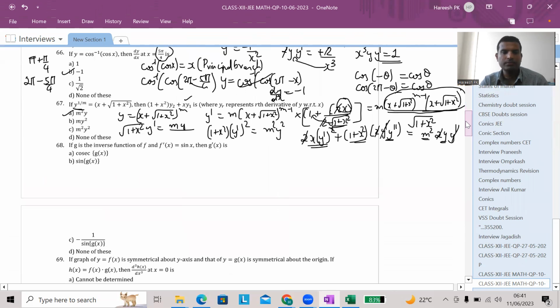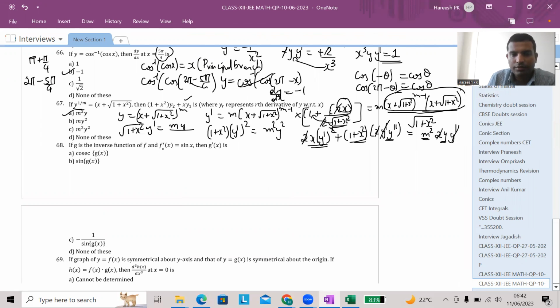Next one again. G is the inverse of f. They have given f dash as sin x. So what do you think is f of x? What function, when you differentiate, you'll get sin x? Obviously, f of x must be minus cos x. That means the original function is y is equal to minus cos x.